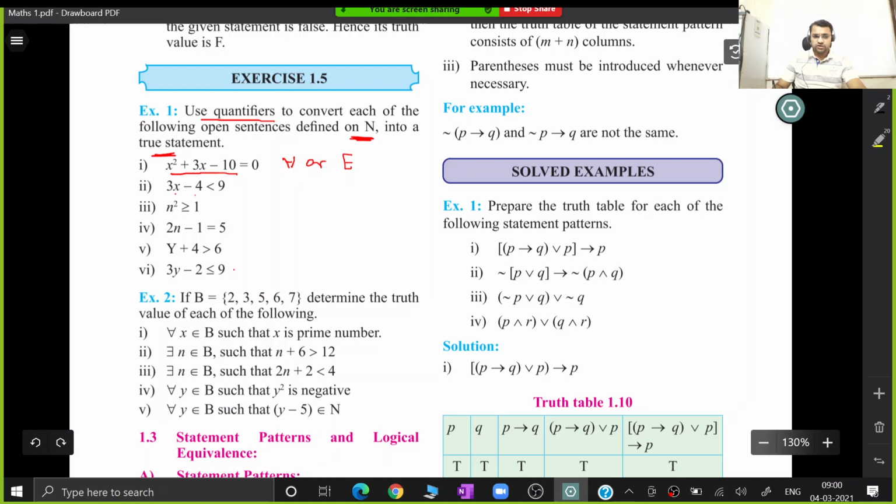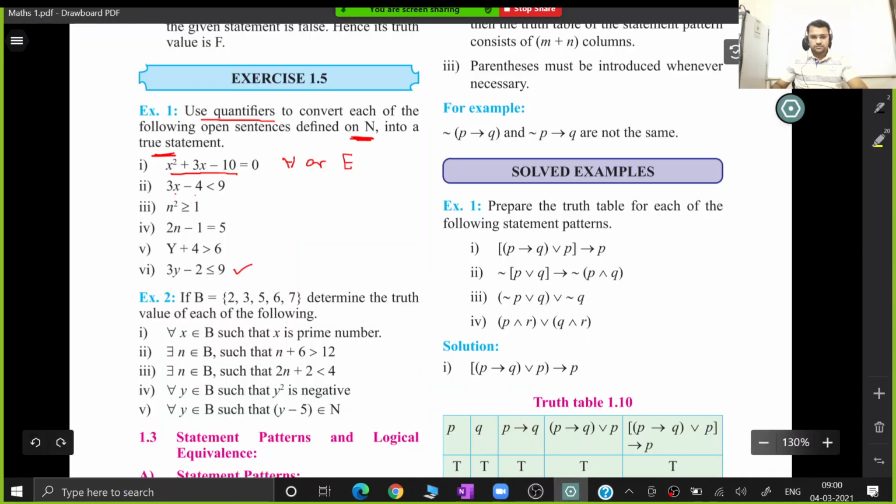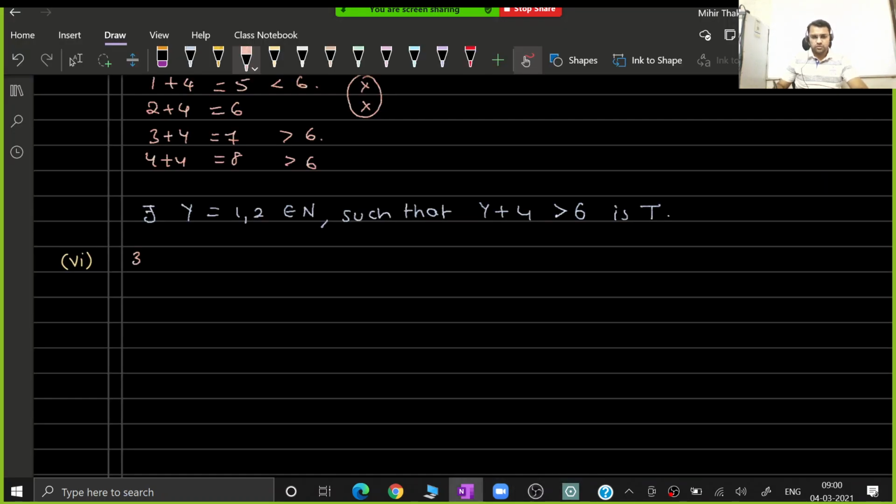So what is the sixth one over here? We have 3y minus 2 greater than or equal to 9. So let us see the sixth sum. It is a small y, so 3y minus 2 greater than or equal to 9.